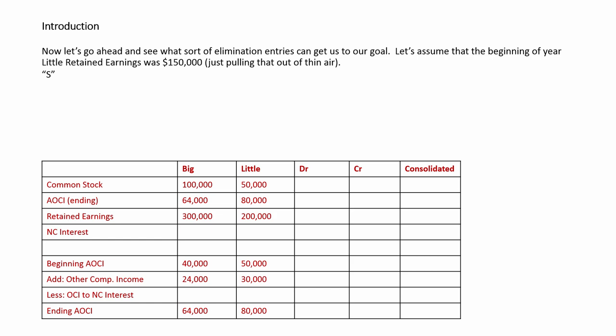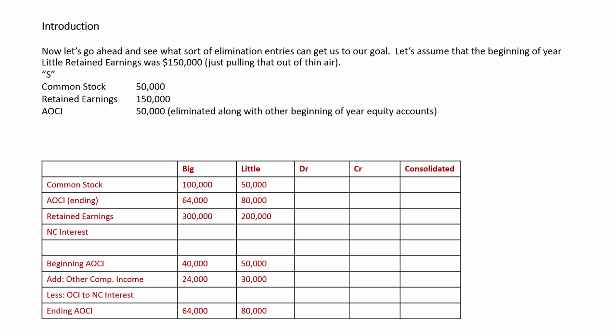Now let's go ahead and see what sort of elimination entries can get us to our goal. Just to have some numbers to work with, let's assume that the beginning of year subsidiary retained earnings is $150,000, and I just pulled that number out of thin air. And so our S entry is going to have a little new addition. Again, we're going to eliminate the subsidiary's beginning of year common stock and retained earnings, as we always do.